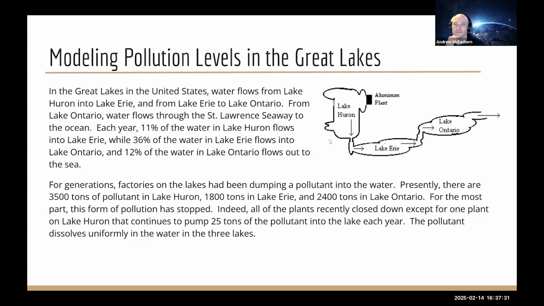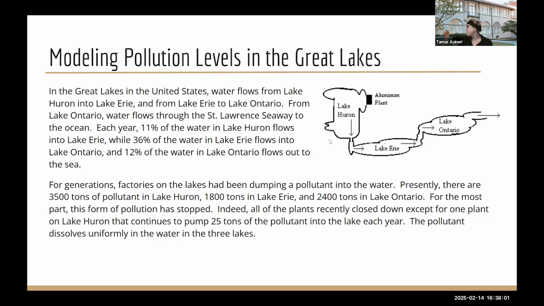Well, we lose 11% of the pollution floating around in there, right? Exactly. So how would I incorporate that in my equation? We're losing 11% of what's in there. So we could subtract 11% of the current H of T. Absolutely. We have 25 as a fixed amount.